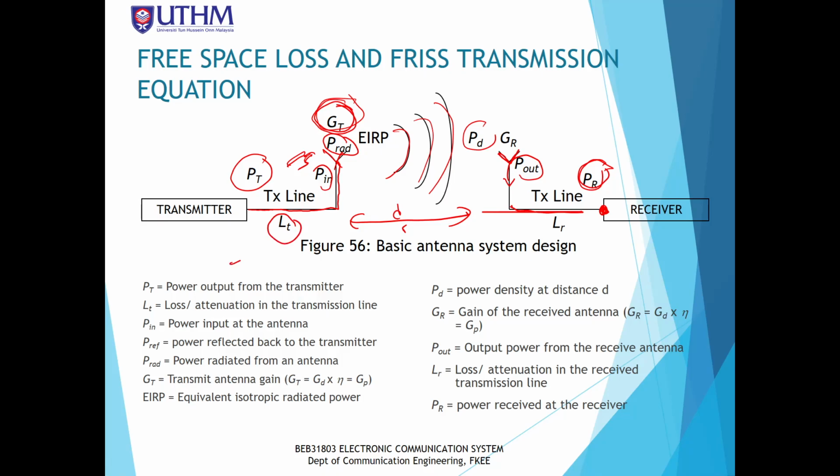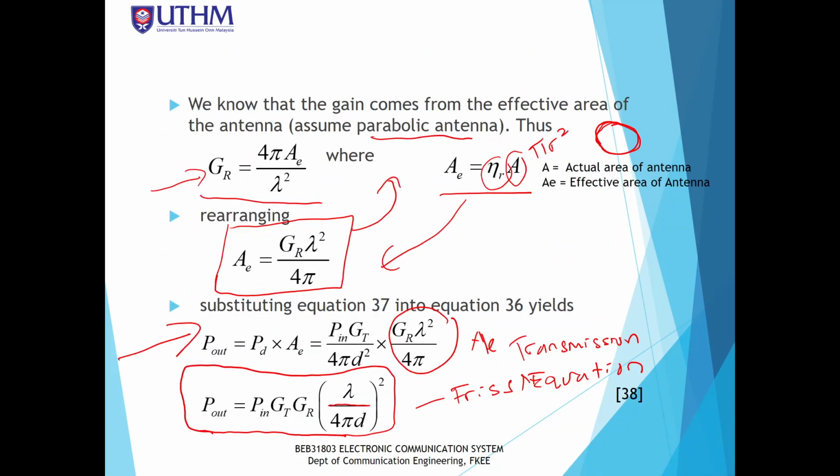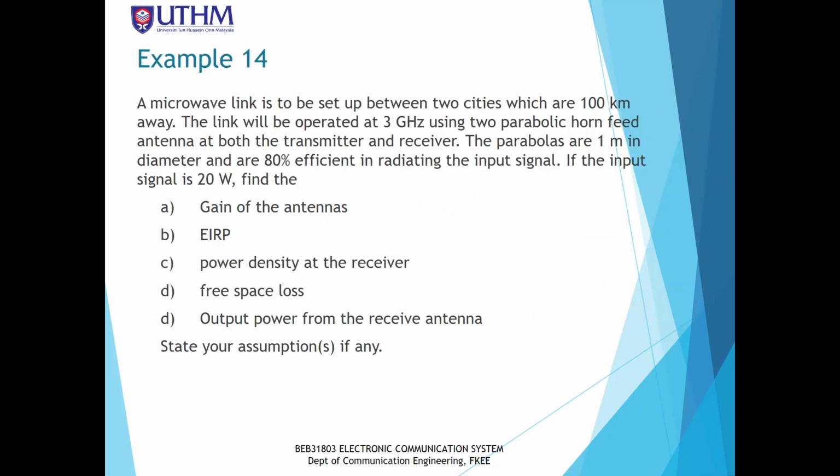LT and LR means we need to put another type of losses inside the equation. FSL is mandatory, while LT and LR depend on whether there are losses in the line or not. If there are LT and LR, we can put them inside the equation.